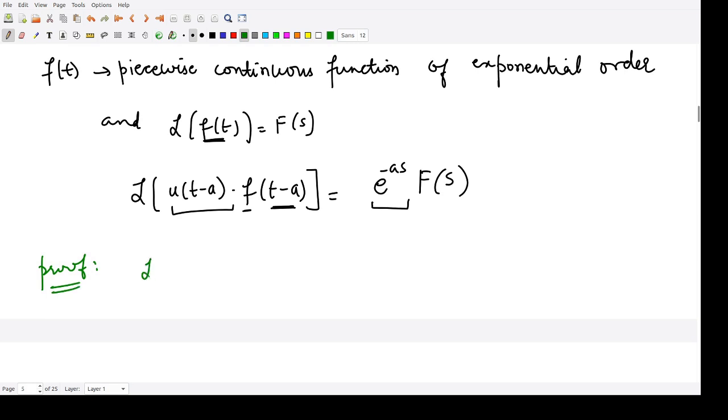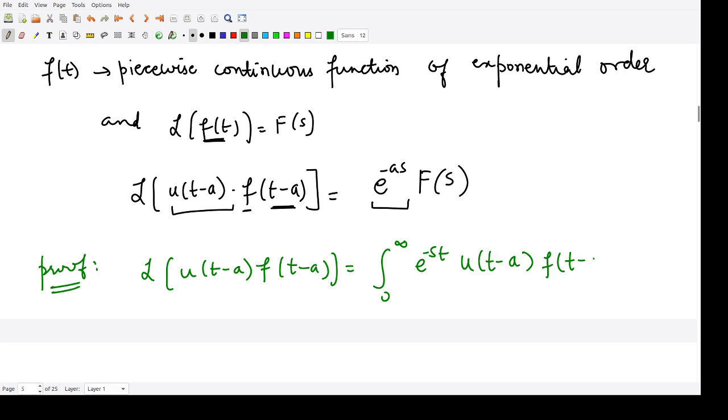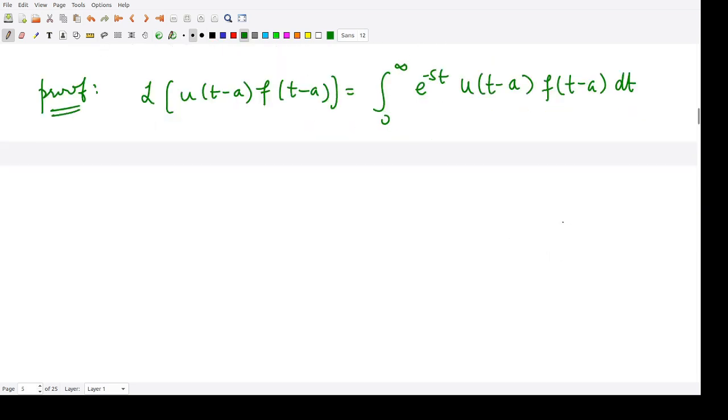For the proof, we consider the Laplace transform of u(t minus a) f(t minus a). This is equivalent to the integration from 0 to infinity of e to the power minus st u(t minus a) f(t minus a) dt. So we have to perform its integration. What is the definition of this function?